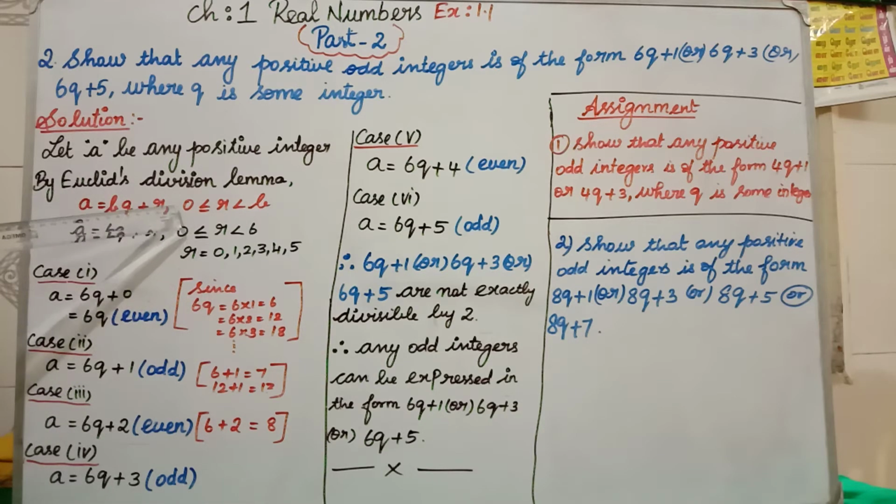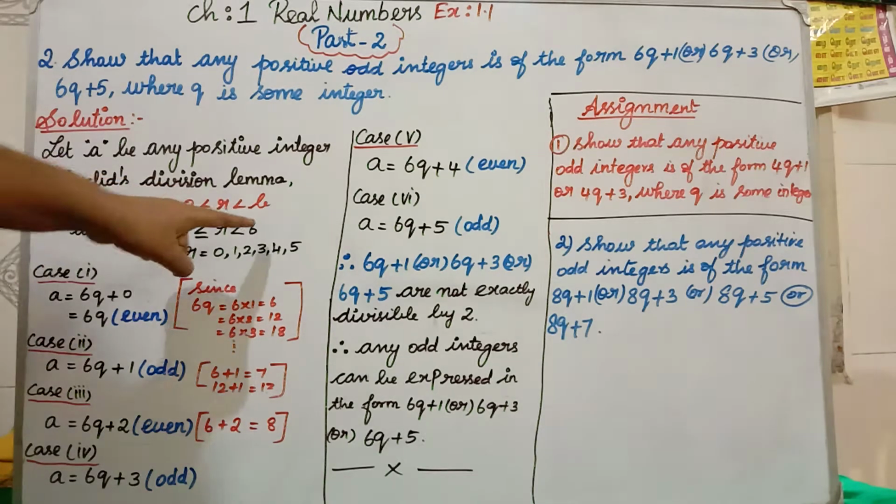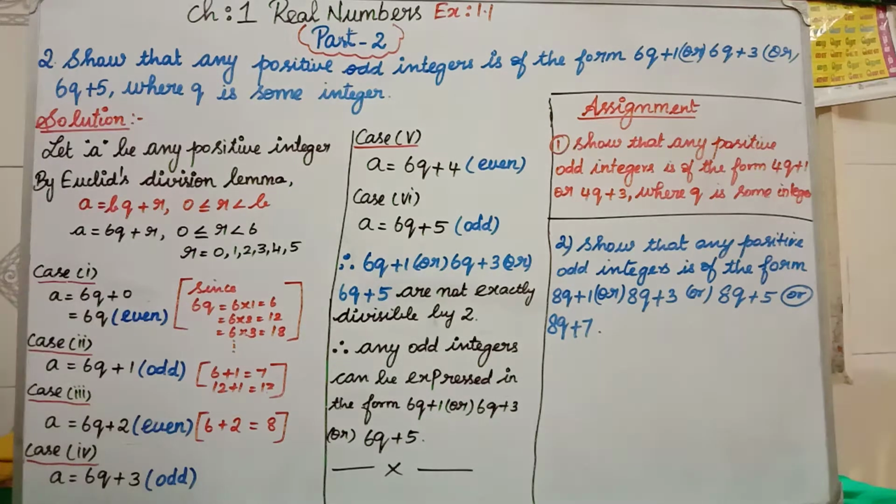Now the condition: 0 is less than or equal to r, less than 6. So the remainder values I have to take from 0 to 5. You should not include 6, because there is no equal to sign there. You have to write up to before 6. So 0, 1, 2, 3, 4, 5 are our remainders.